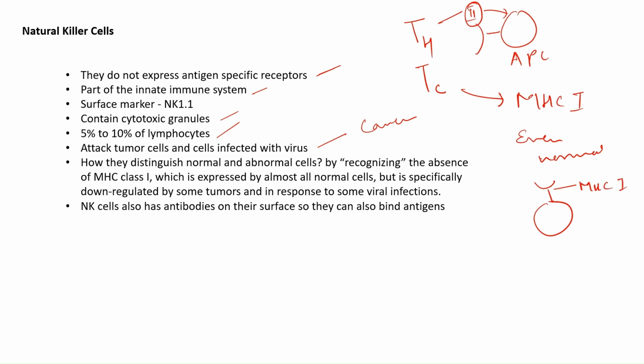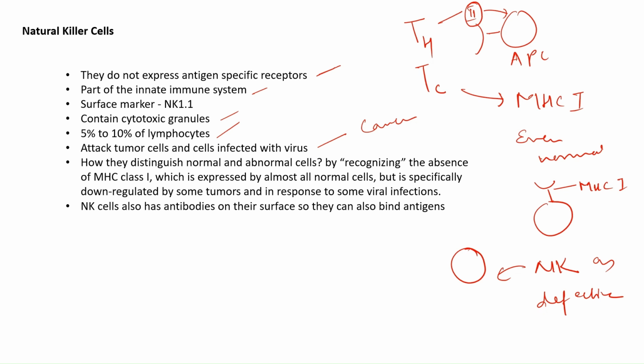So, when all the normal cells contain MHC class 1, then any cell that does not have this marker on its surface will be recognized by NK cell as defective, because all the normal cells of our body contain MHC class 1. So if any cell does not contain MHC class 1, that means it is defective.